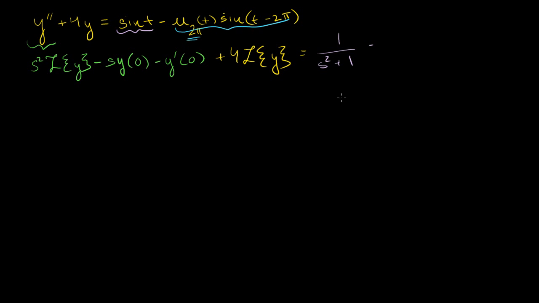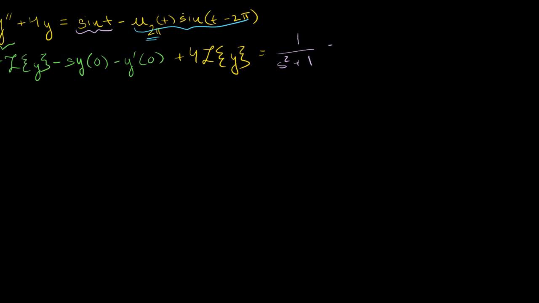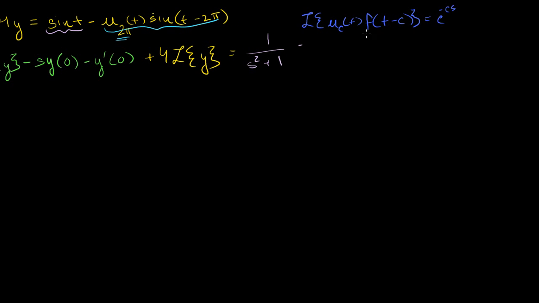Let me write so the Laplace transform of the unit step function that goes up to c times some function shifted by c is equal to e to the minus cs times the Laplace transform of just the original function, the Laplace transform of f of t.